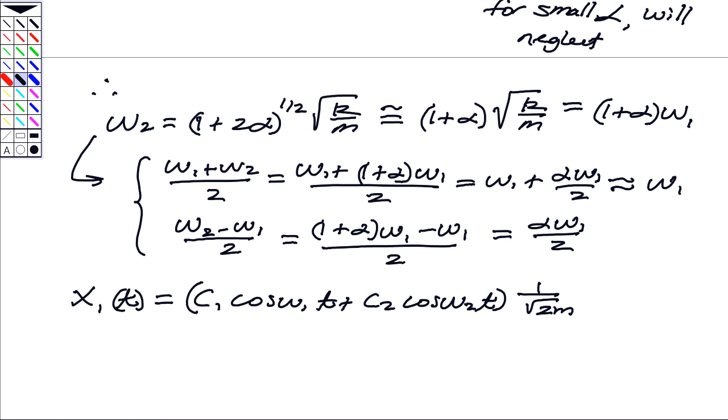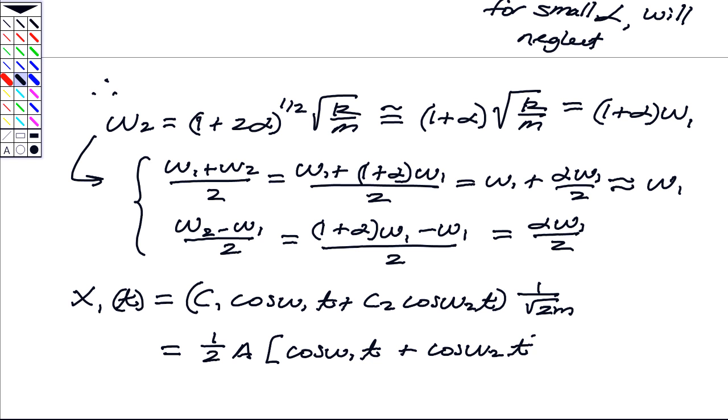That factor comes from the fact we mass normalized our modes. So we put in C1 and C2, we end up with 1/2 times A times cosine omega 1t plus cosine omega 2t. So that's just the way that things work out.